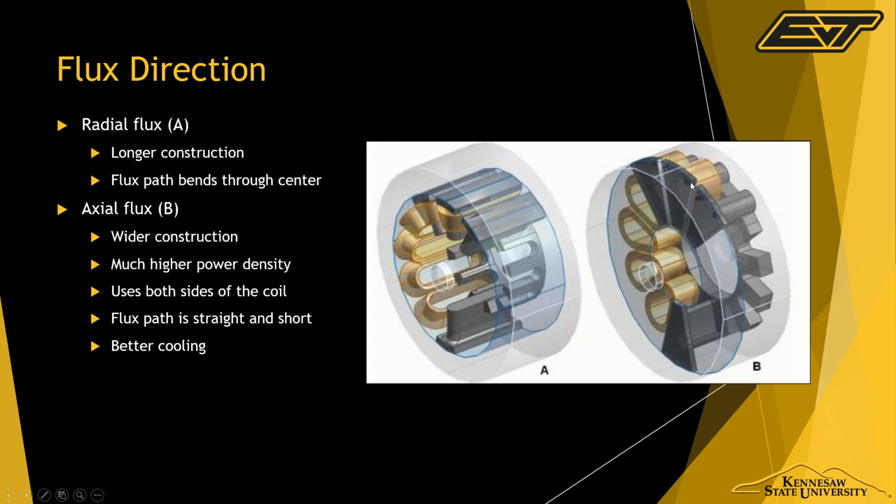But in here, we can put holes all along the case, and then the air is able to go in through the center and come out through the sides, which allows for much better cooling, because all of the air is literally going across the coil windings.